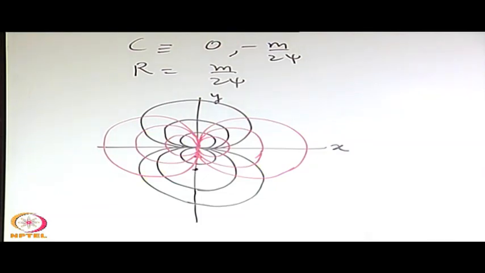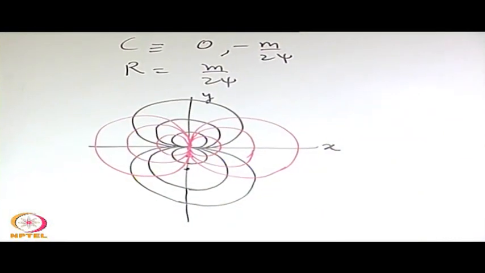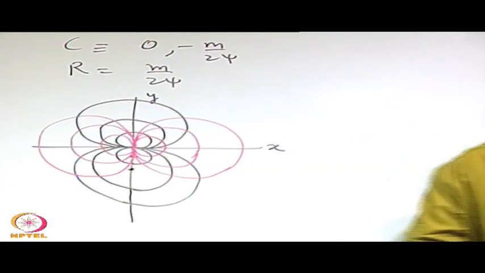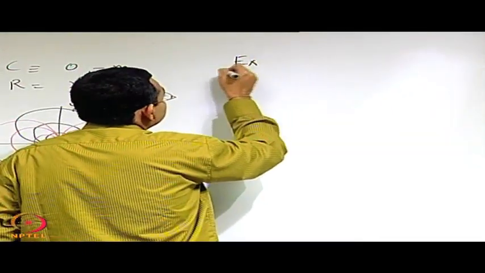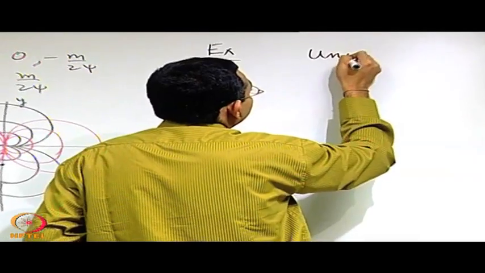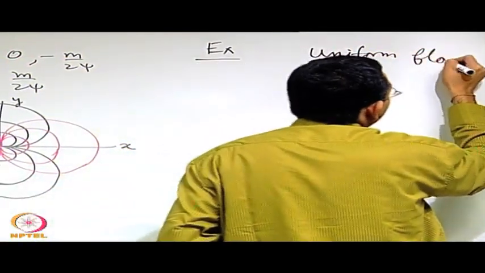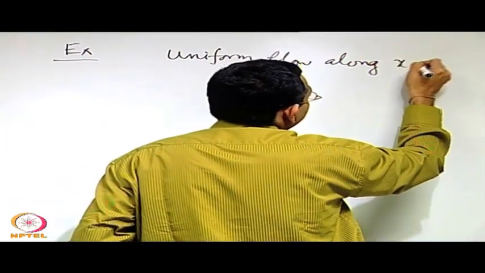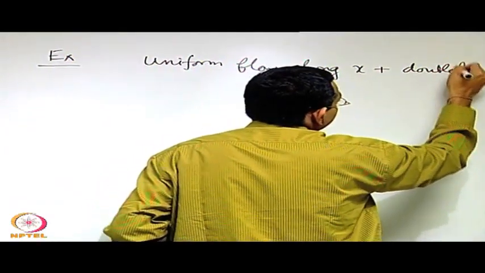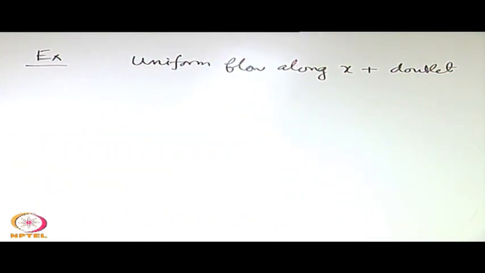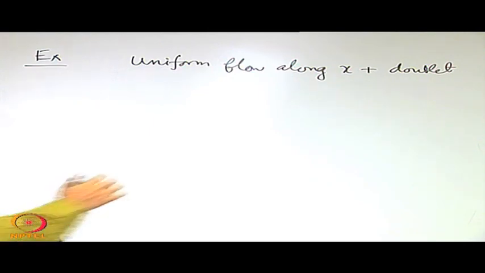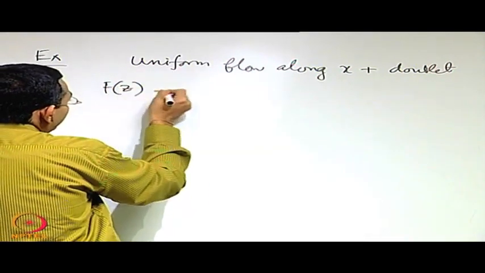Now we will consider another example. Uniform flow along x plus a doublet. So it is a superposition of uniform flow along x axis plus a doublet, say of strength m. So what will be the resultant complex potential?